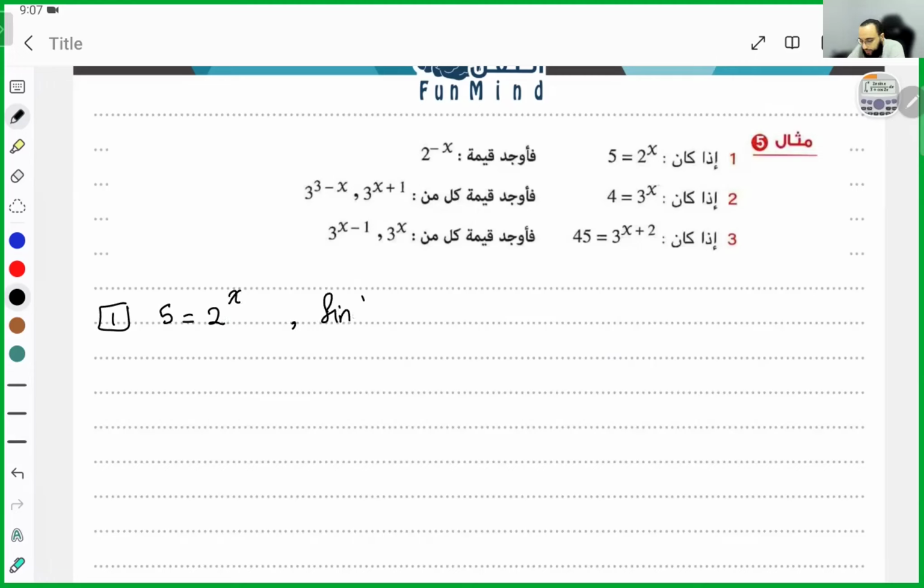Find 2 power of negative x. Tell me, Muhammad, 2 power of negative x, we can write it like that, 1 over 2 power of x. It's correct or not? Yes. I deleted the negative, I get it in the denominator. Any problem? No. 2 power of x, he gives you, it's equal what? He gives you the value of 2 power of x equals what?